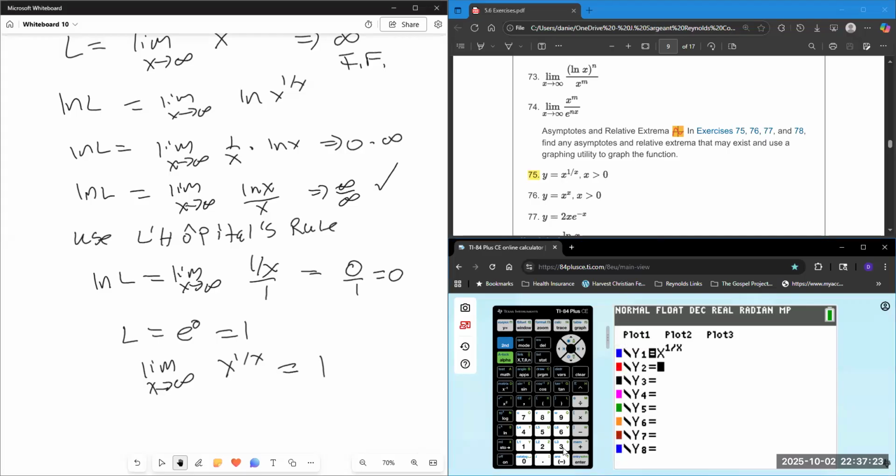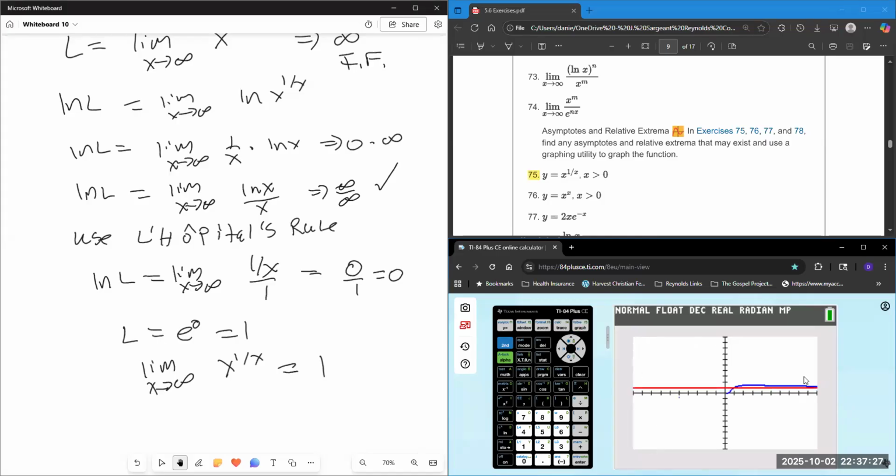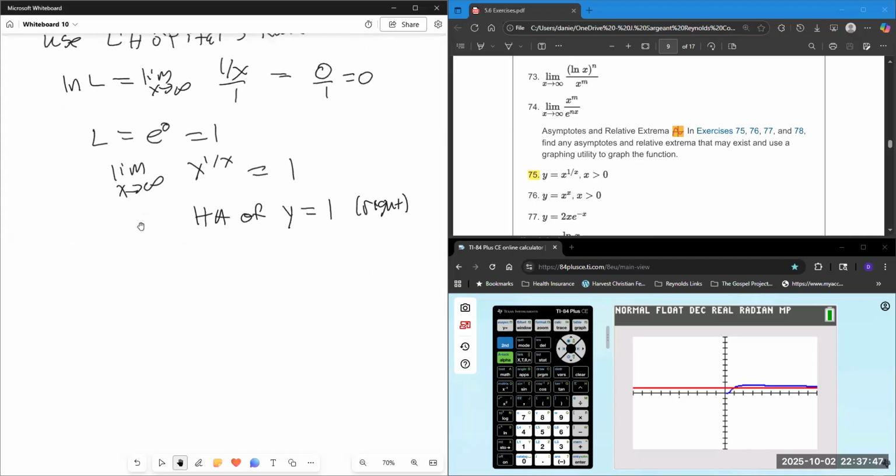Let me just graph that horizontal line for you and show you that we're getting closer to 1 from the top, but we're not ever getting there no matter how far out to the right I go. It has a horizontal asymptote of y equals 1 only on the right hand side, not on the left hand side.